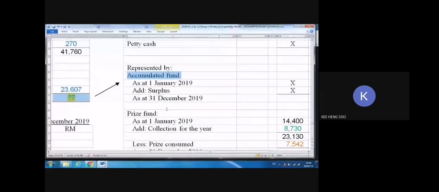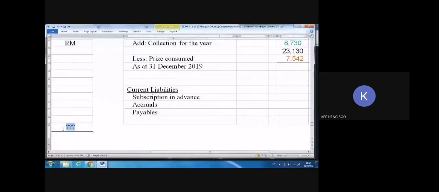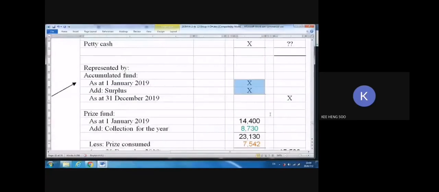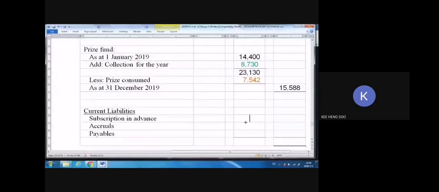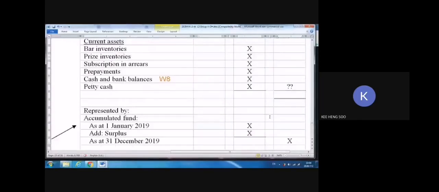Accumulated fund plus surplus, then you can get the figure here. Then the rest, you can get this figure, then you can get the total. Don't ask me what the total is. It's not important. You work it out, then test yourself to see whether it tallies. I can show you the answer, don't worry, but not now. I want you all to work it out, because the rest is very easy already.